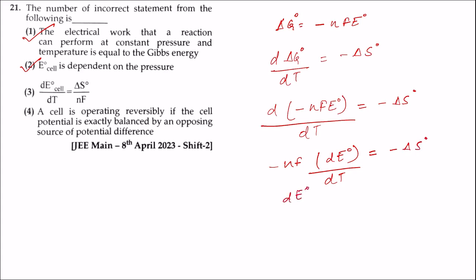So dE by dT is equal to delta S by nF, the minus signs cancelling. So this statement is also correct.